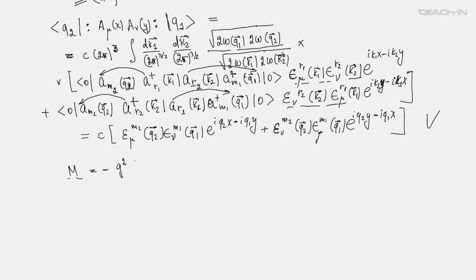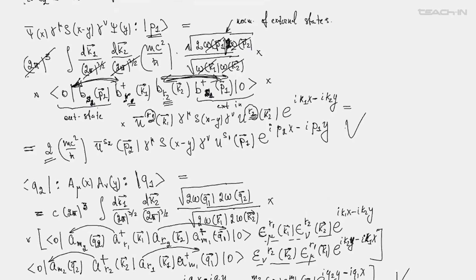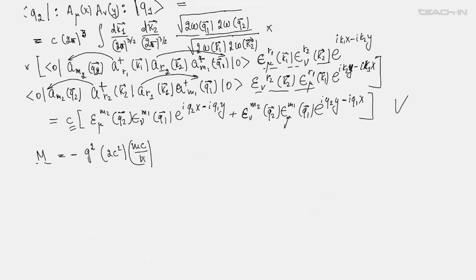So this C will be combined with the powers MC squared, C squared, which we have here. And so we write this as 2C squared, and then MC over H bar is our rigid combination, which is the inverse Compton wavelength, as we call it.